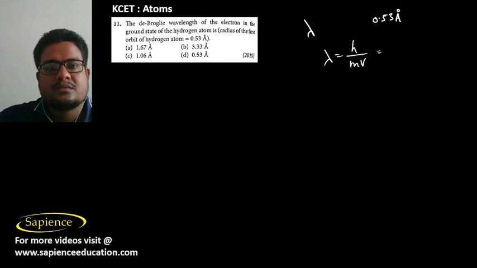For the ground state, we know that mvr is equal to nh by 2 pi. Radius of the first orbit is 0.53.